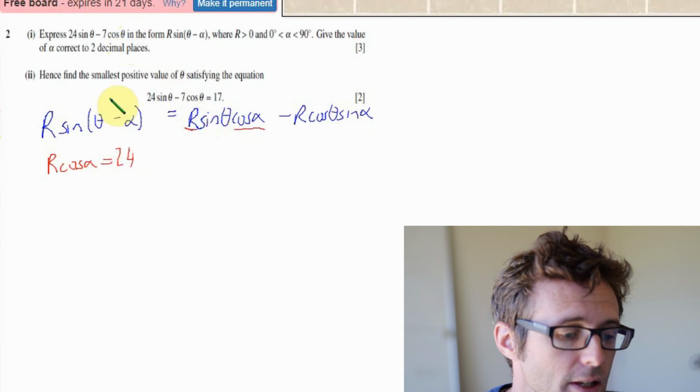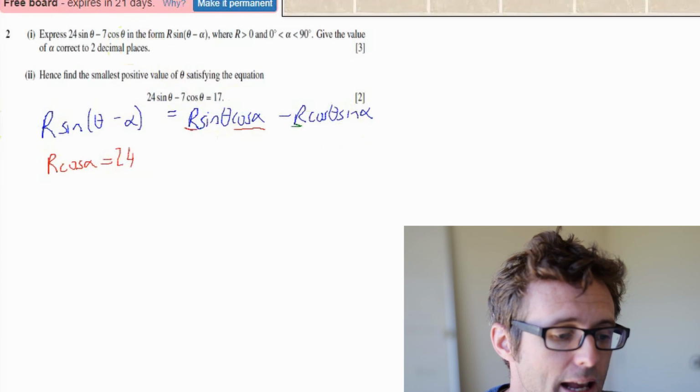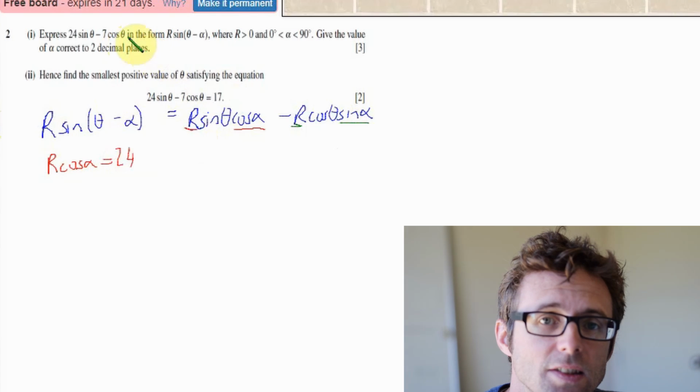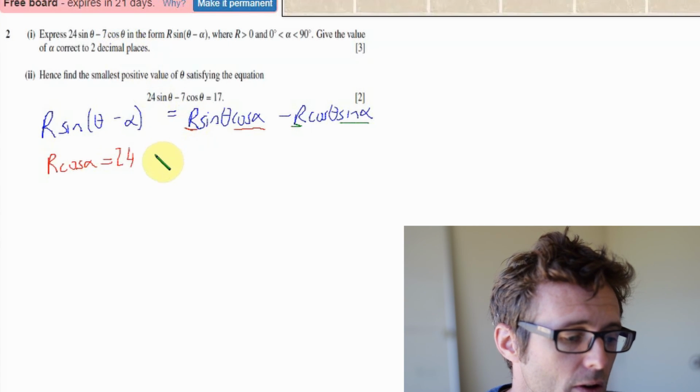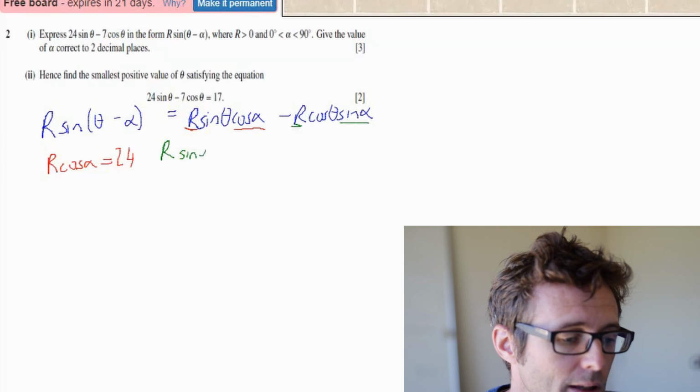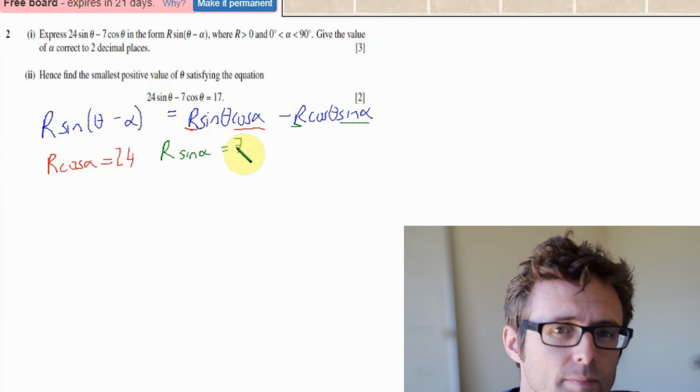And if you look at the second term, r and sine alpha must be 7. Since you've got a cosine theta here, it's a minus 7 cosine theta. So we can say that r sine alpha is equal to 7.